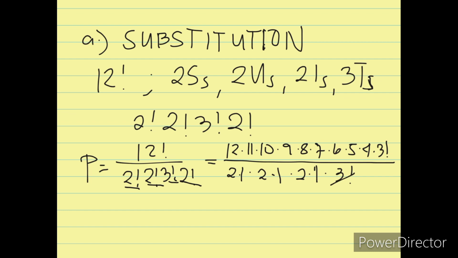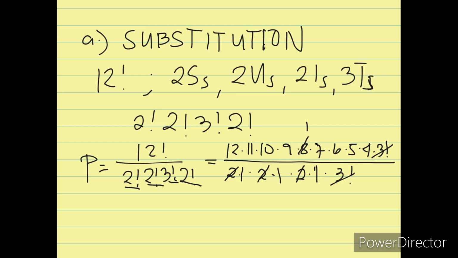So cancel the 3 factorial. Next, simplify. We have three 2's, and 1, 2, 3. When you get the product of that, we have 8. So you cancel the 8 in the numerator, and it becomes 1.